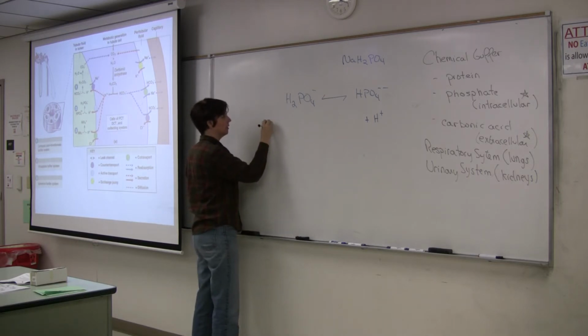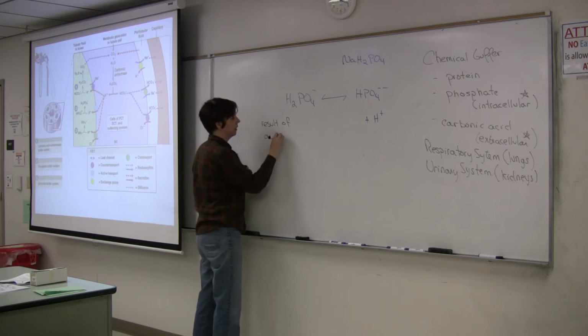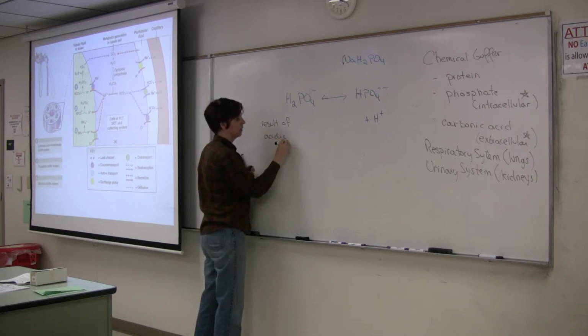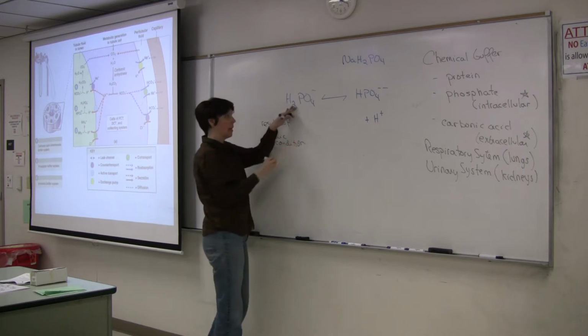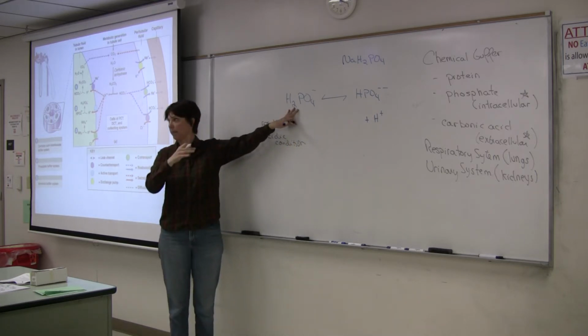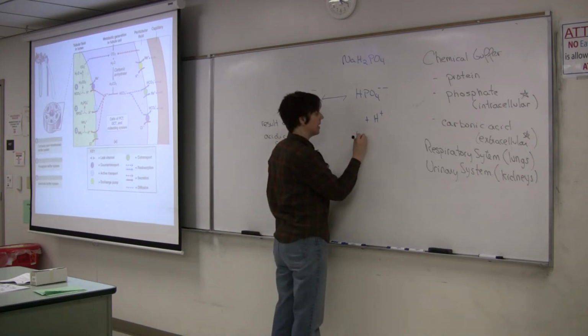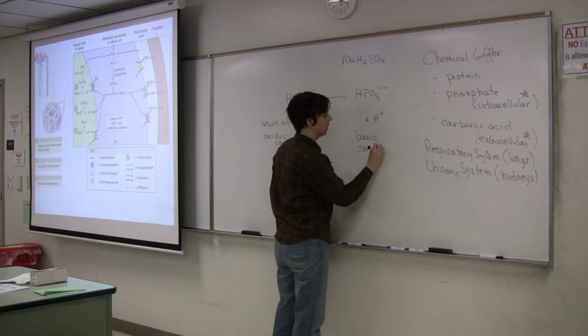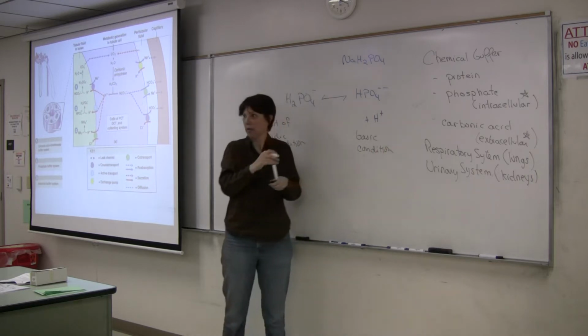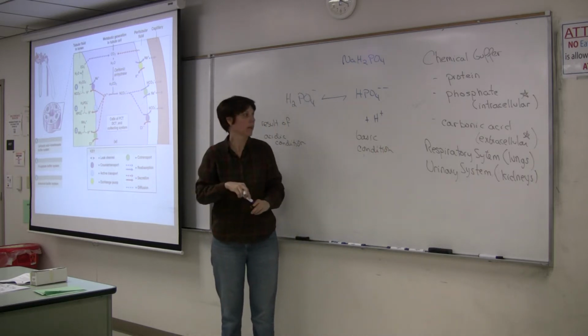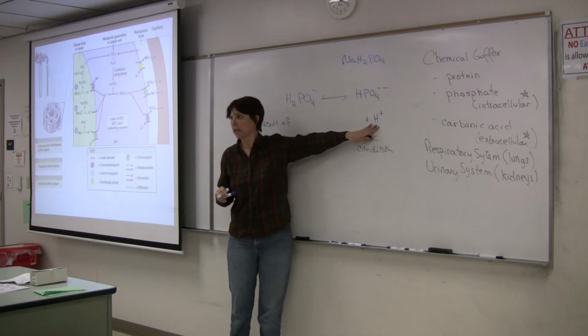So this would be the result of an acidic condition, because the extra hydrogen ions are being taken up out of solution. This would be in a basic condition, because we're trying to lower the pH by adding free hydrogen ions.